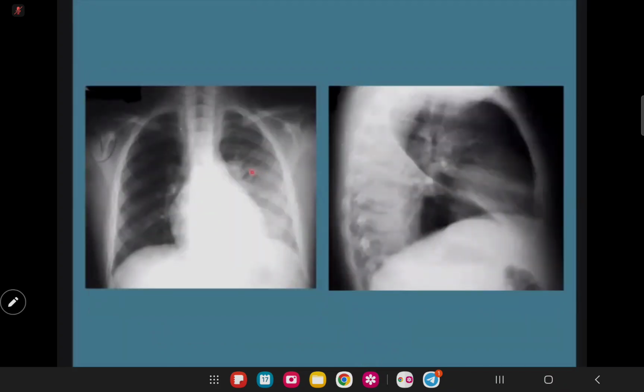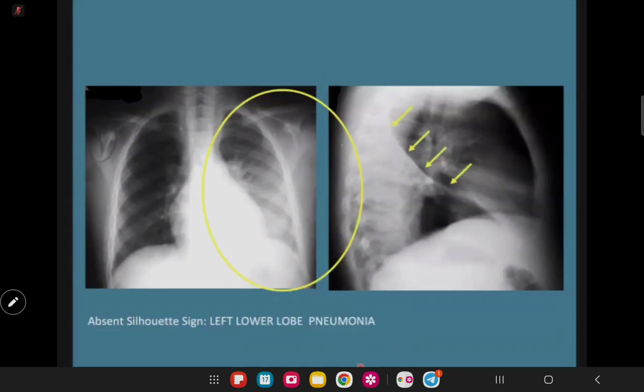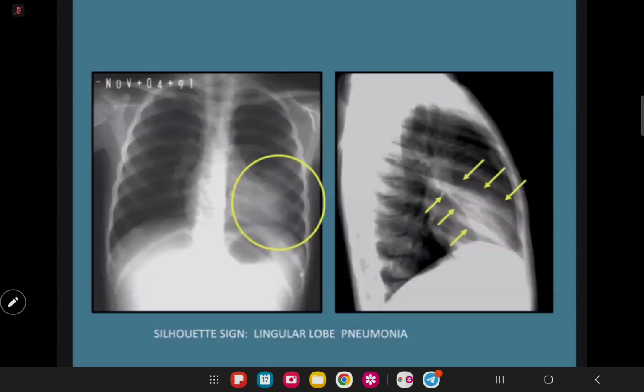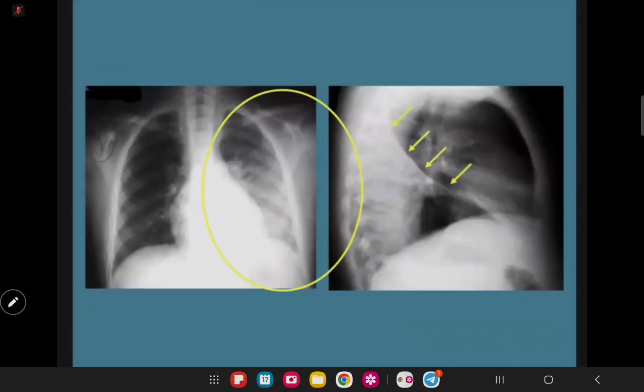So there's an opacification in the left, but take note, you can see the cardiac border. So that's left lower lobe pneumonia. Okay? So the other one, you cannot see its border, so that is lingula. This one, you can see the border, so that's why it's left lower pneumonia.